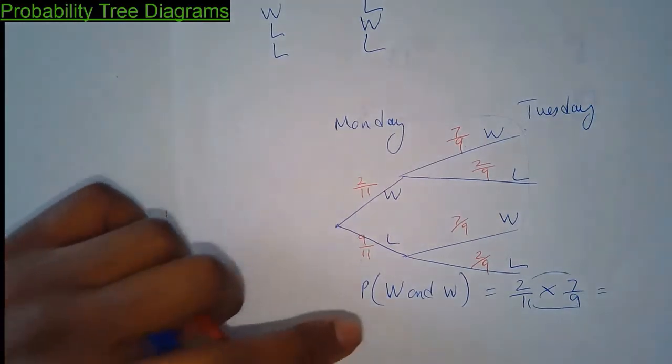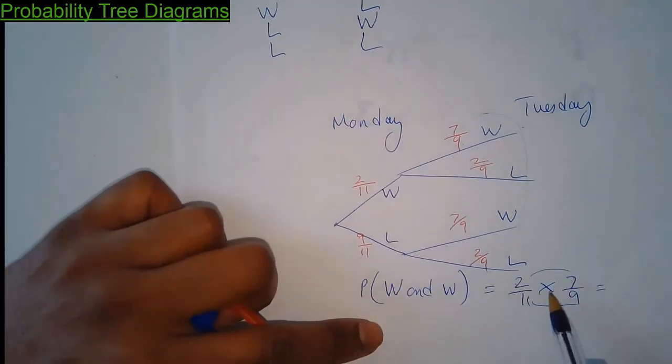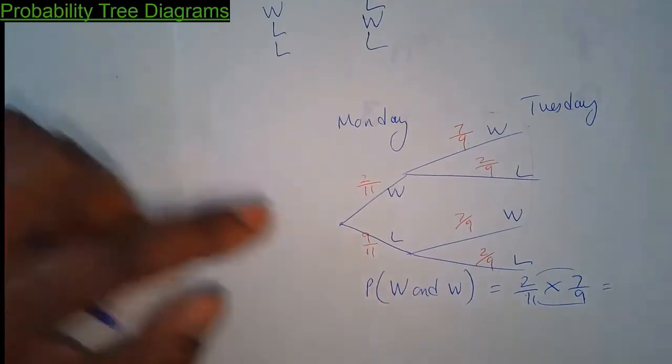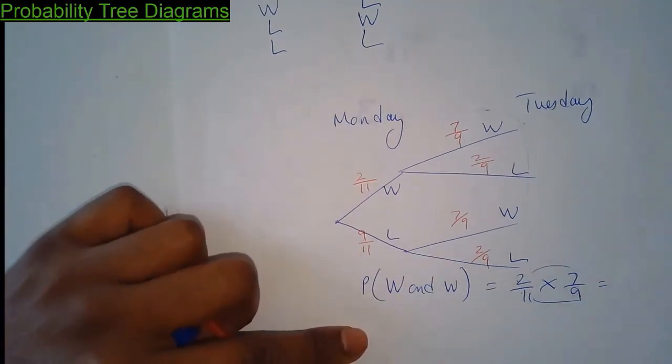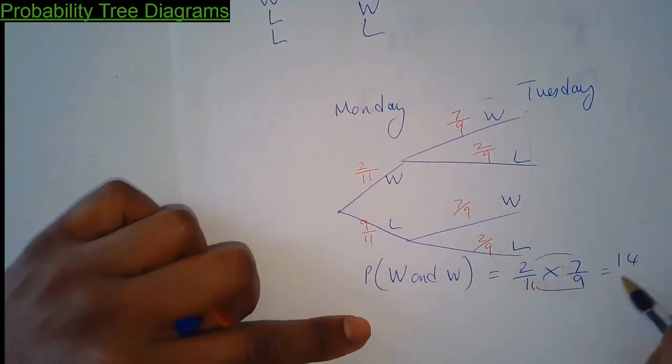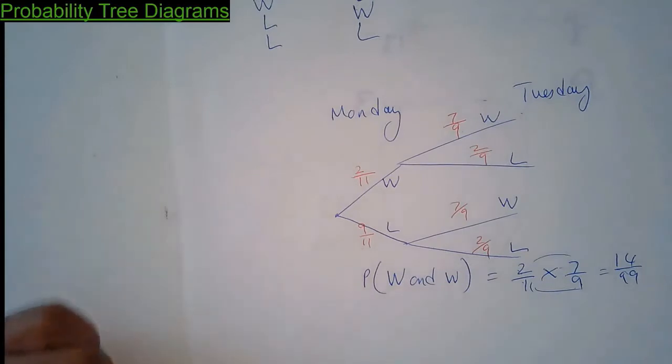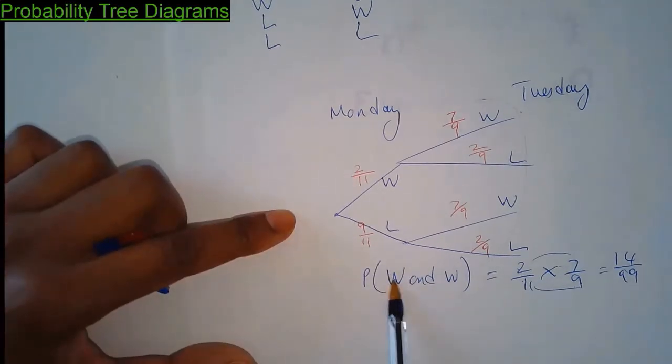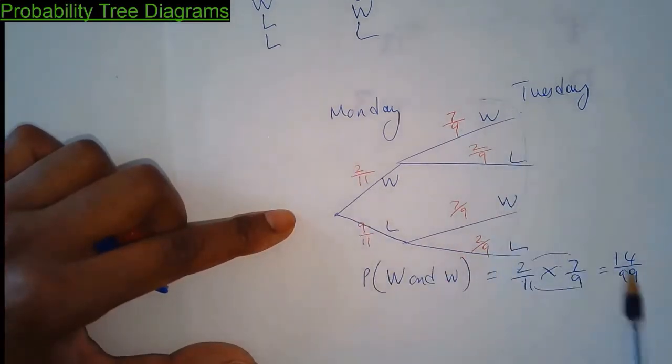Multiplying fractions is very easy. Numerator times numerator, denominator times denominator. Be careful, that doesn't work for division, but we're not going to do division here. Division is keep, change, flip, for your information. 2 times 7 is 14, 11 times 9 is 99. So the probability of winning and then winning again, Monday and Tuesday, is only 14 out of 99, 14 99ths. Unlikely.